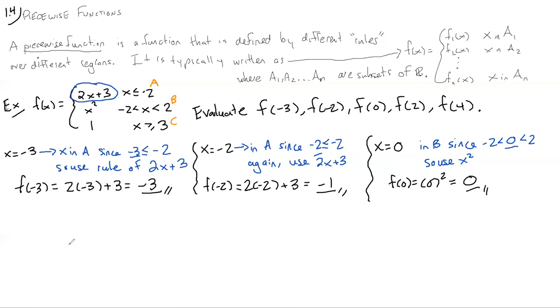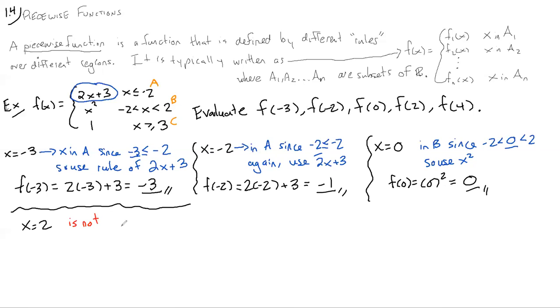And so I've got maybe a couple more sort of weird things happening here. For x equals 2, what you'll actually notice is x equals 2 is not in any of the intervals. It's just on the cusp of B, but it's not in B. And it's certainly not bigger than or equal to 3.